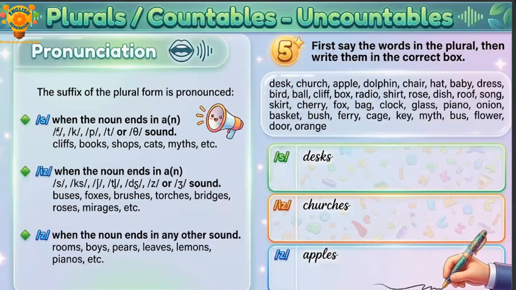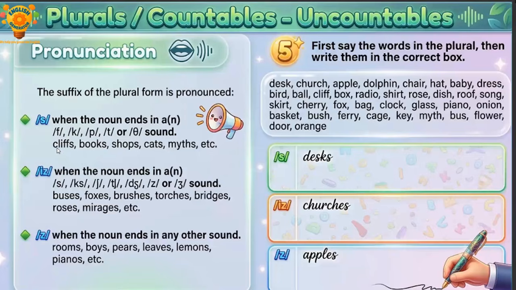The sound is made by taking your tongue out like that, like a slithering snake. When you have these endings, you will make this sound at the end of the word.